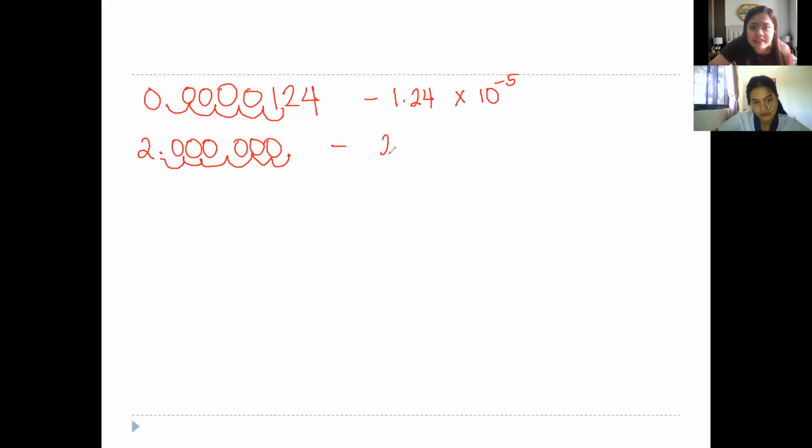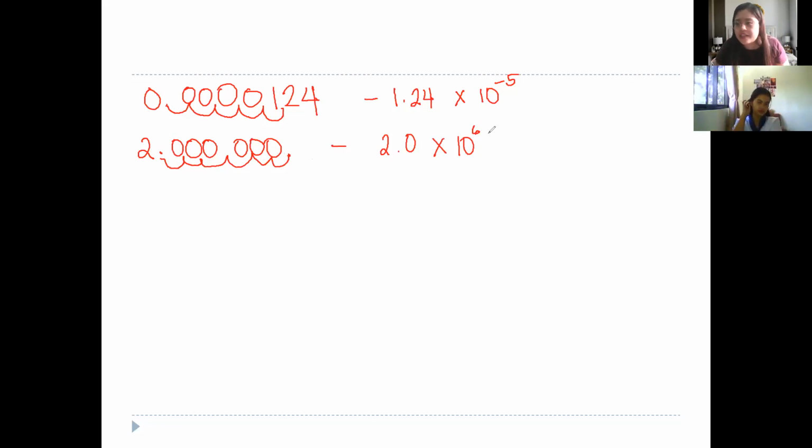So we can write this as 2 or 2.0 times 10 raised to the power of however many places we moved: 1, 2, 3, 4, 5, 6. So raised to the power of 6. So again, if it is a very large number and we are moving the decimal point to the left, the exponent should be positive. So that's our guidelines in making the scientific notation.